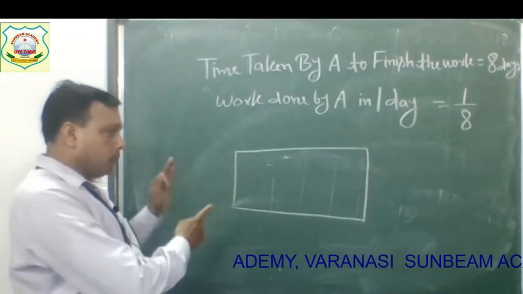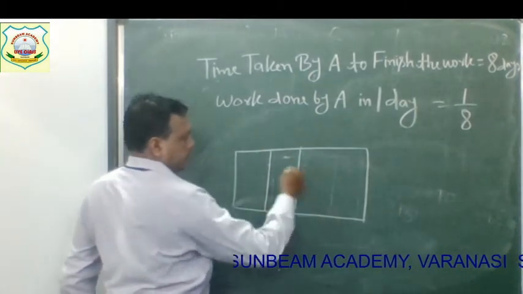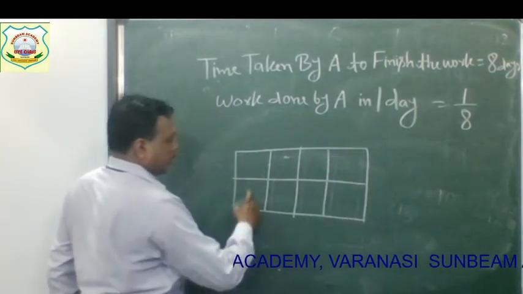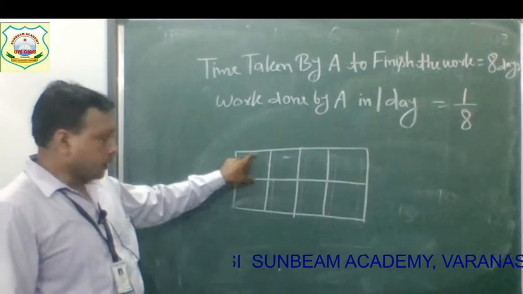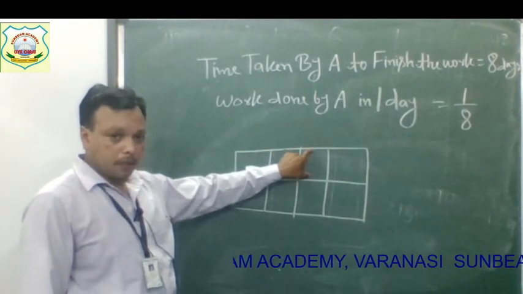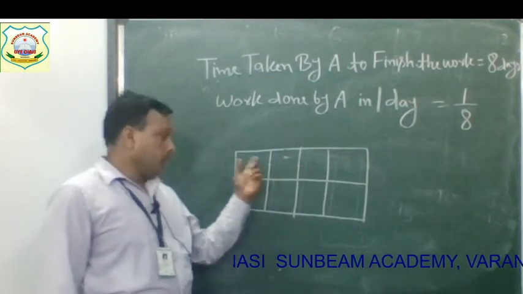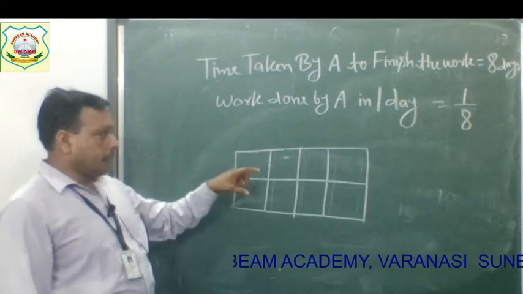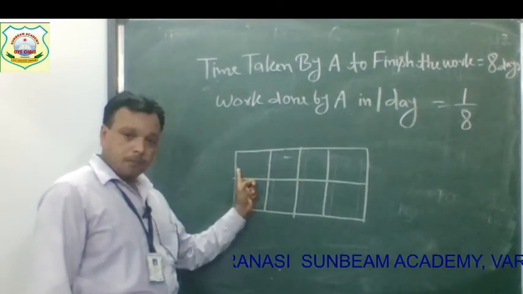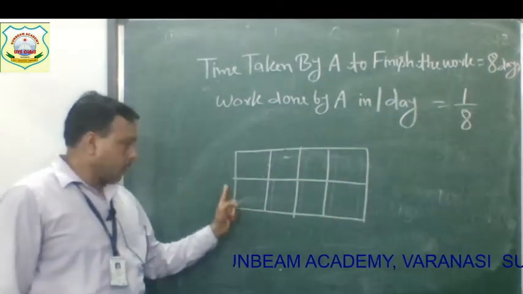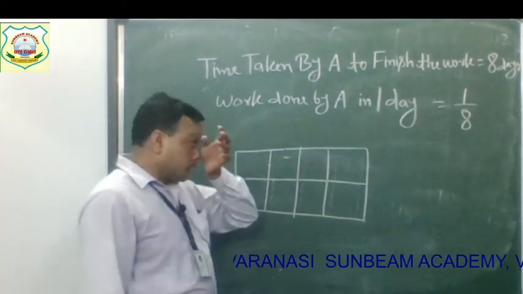How? 1, 2, 3, 4, 5, 6, 7, 8. In 1 day he completes this part, the second day this part, the third day the next. We are just assuming this. In 1 day he has completed this part, the second day till here, the third day till here, the fourth day this part, and then 5, 6, 7, 8. So in 8 days he has completed all the work.